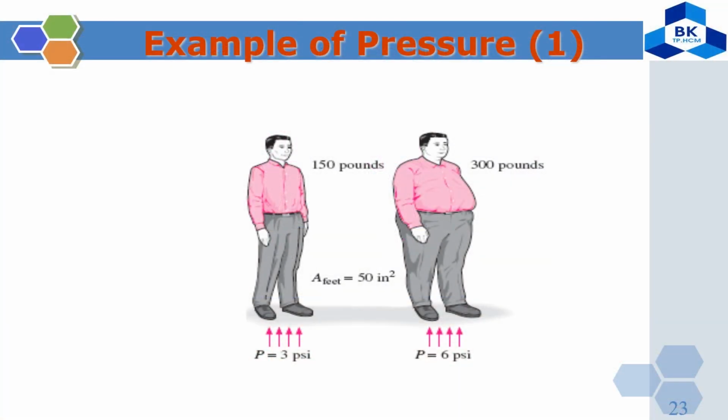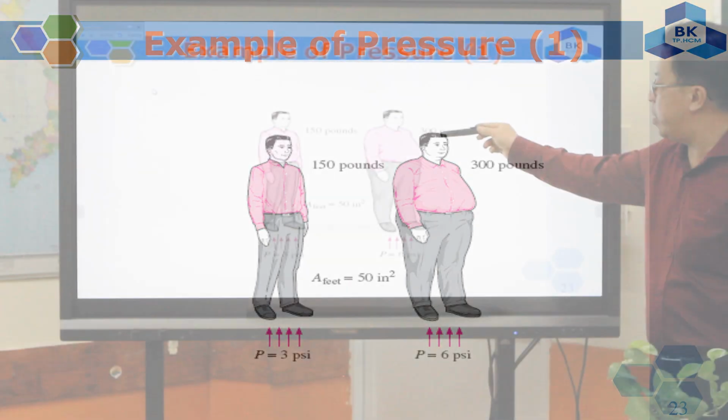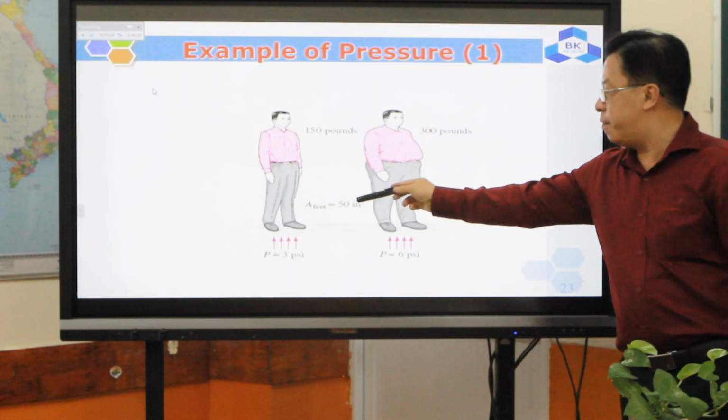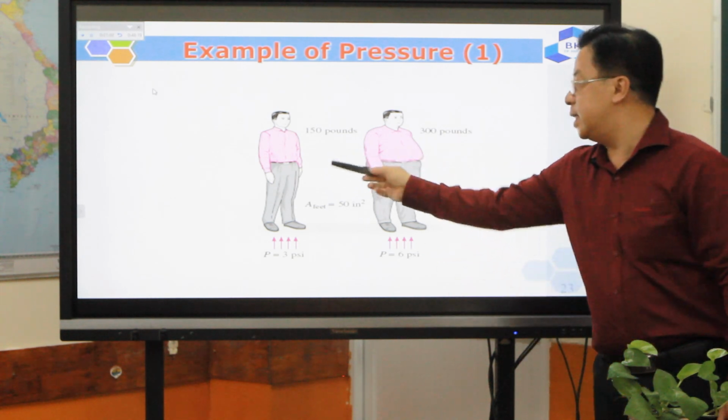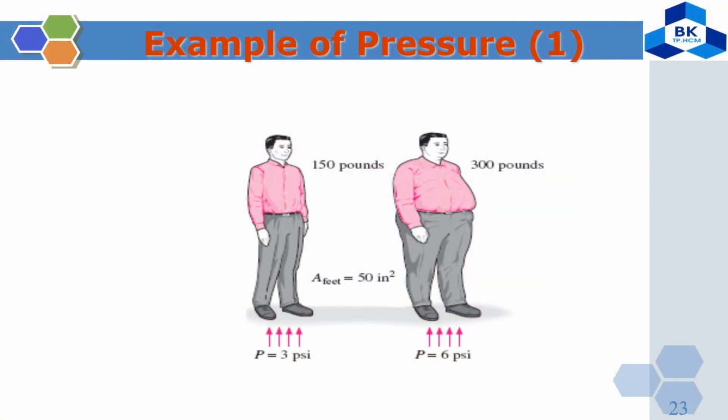For the other man, 300 divided by 50 gives 6 psi. So this is about the pressure.